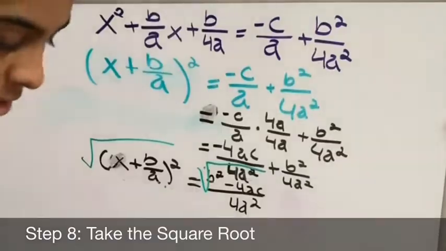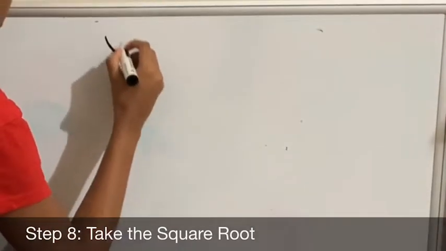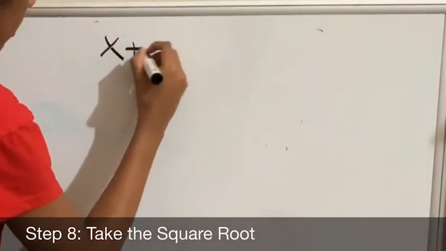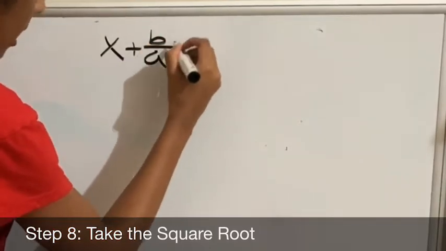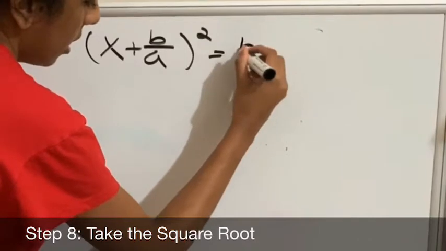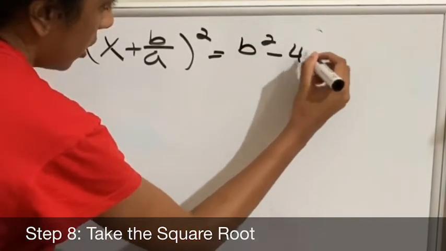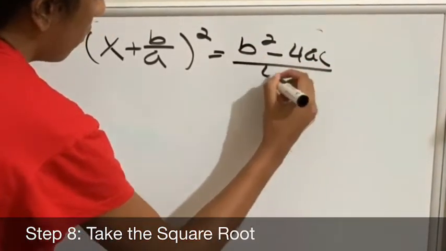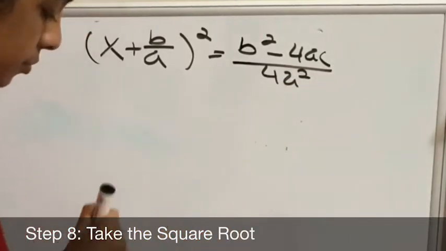So in order to solve for x, we need to take the square root. So let's rewrite this. We're taking the square root of (x + b/a) squared equals b squared minus 4ac over 4a squared.